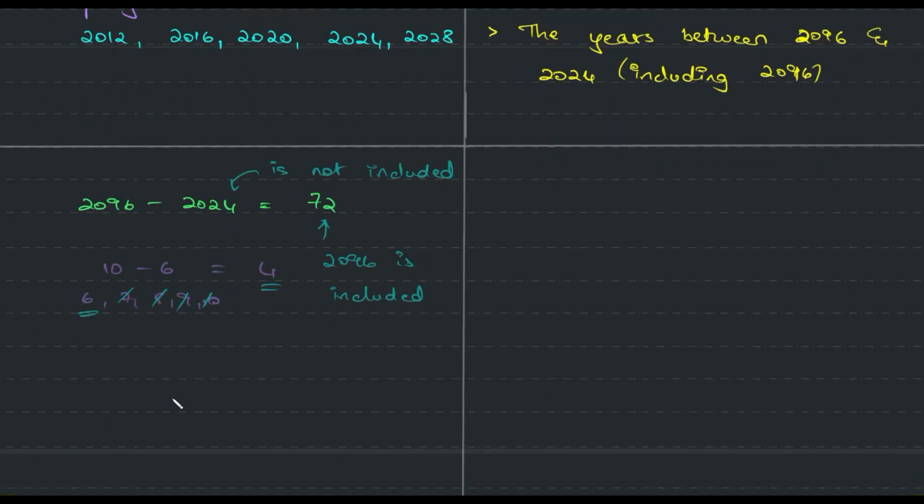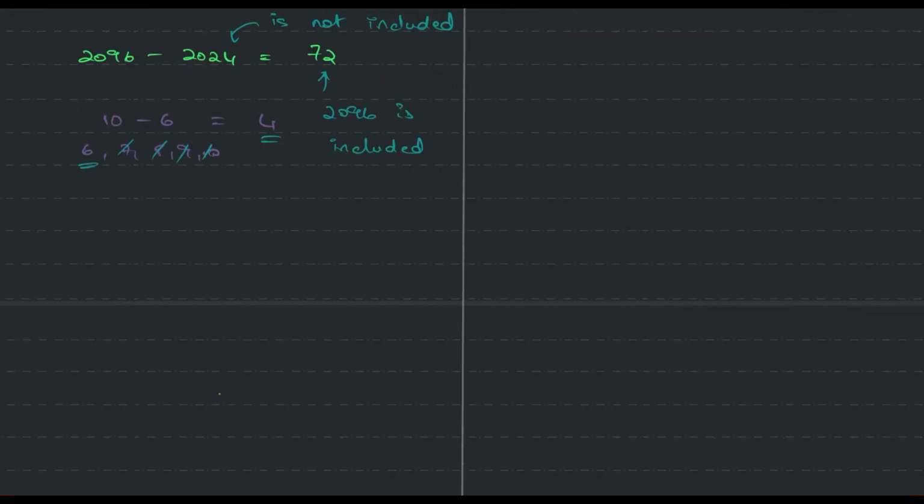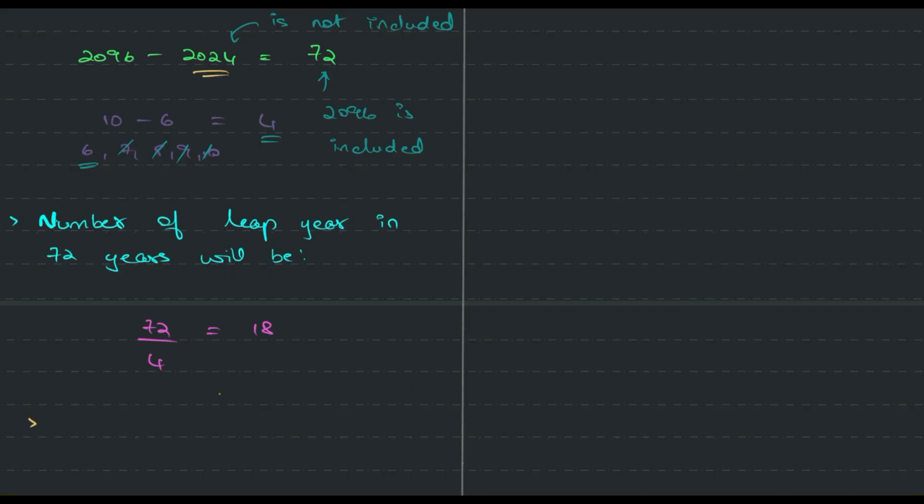So this is important. Now, how many leap years will be there in 72 years? How do you find that? The number of leap years in 72 years will be 72 divided by 4. So that will be 18. 18 fours is 72. Yeah, correct. Now, these are the number of years not including 2024. So we need to include it.